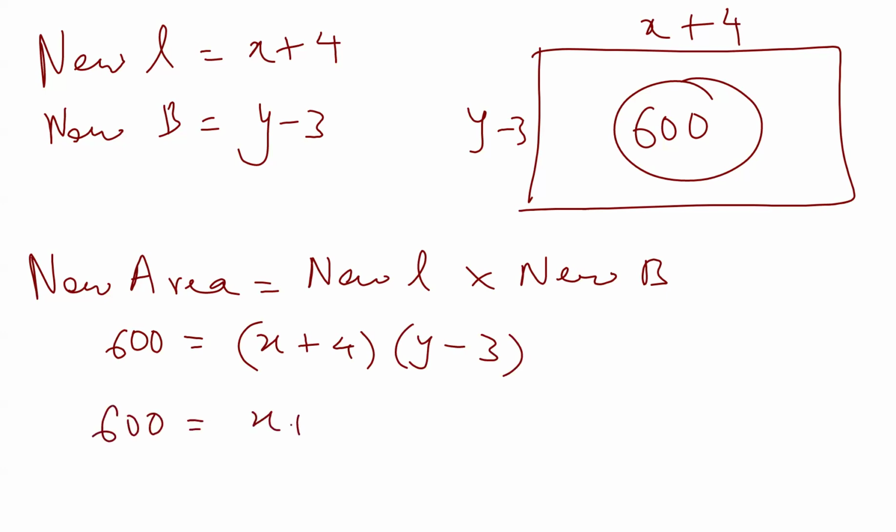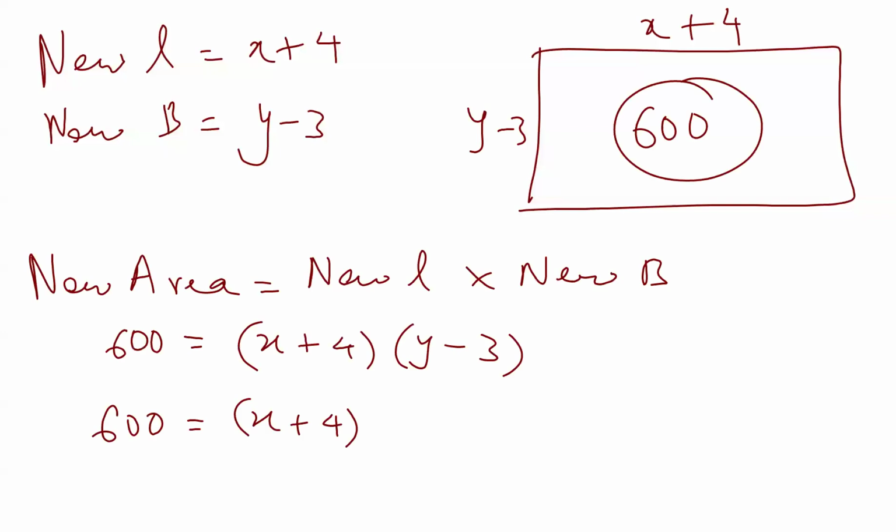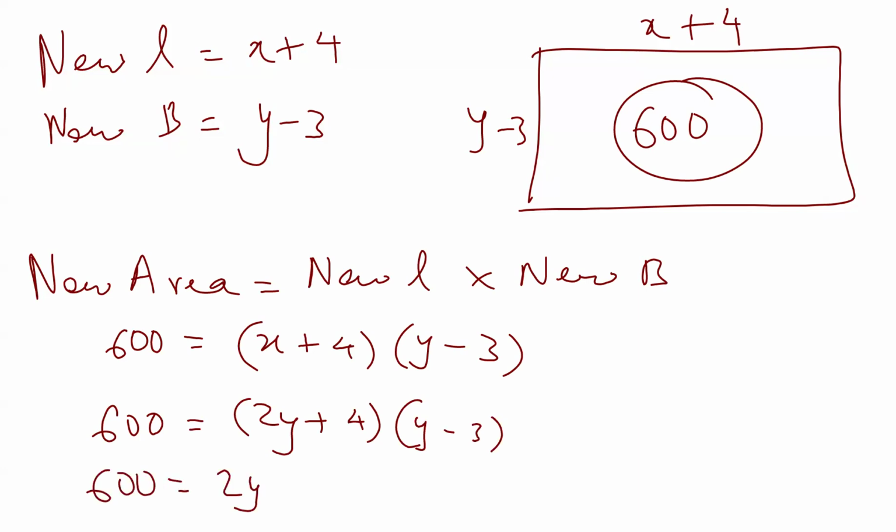Now we'll put the value of x as 2y. We'll use condition 1 over here. Wherever there is x, just put 2y. So 600 is equal to 2y plus 4 into y minus 3, which is 2y into y minus 3 plus 4 into y minus 3.